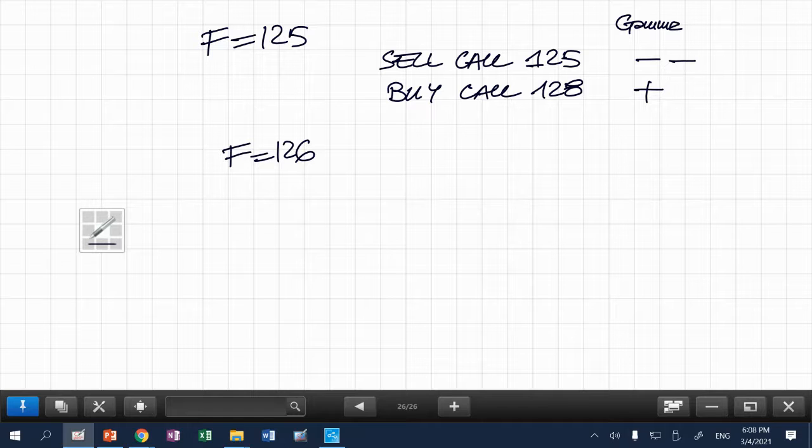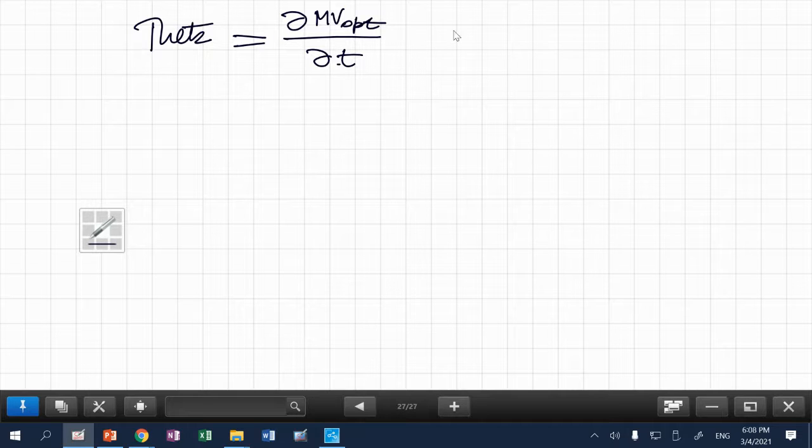All right, next step is theta, which is the derivative relative to time that passes. Here I'm going to be quicker. But the intuition is, well, first definition is that theta is literally the partial derivative of the market value of the option relative to time.